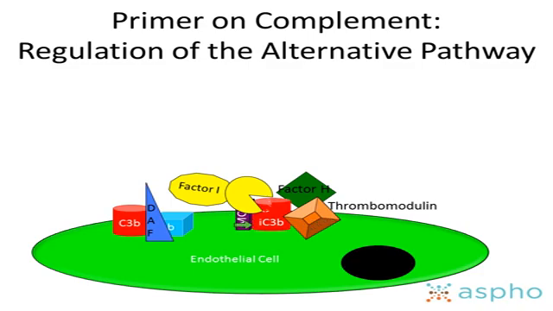Both of these molecules serve as a docking station for factor H. Factor H itself is a cofactor for factor I, which enzymatically cleaves C3b into its inactive form, iC3b. And the C3bBb complex can be dissociated by decay accelerating factor, or CD55. I'll just point out that this molecule is one of the cell surface deficient molecules in PNH.